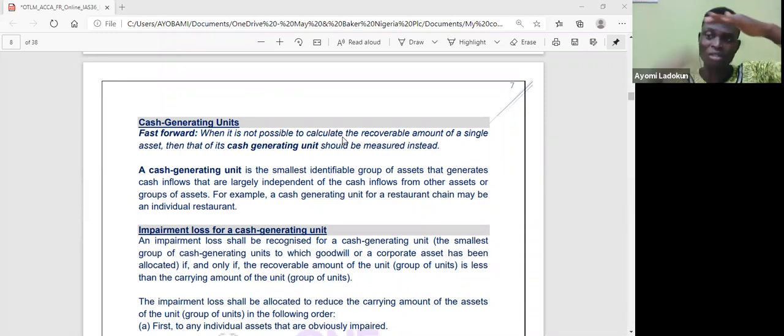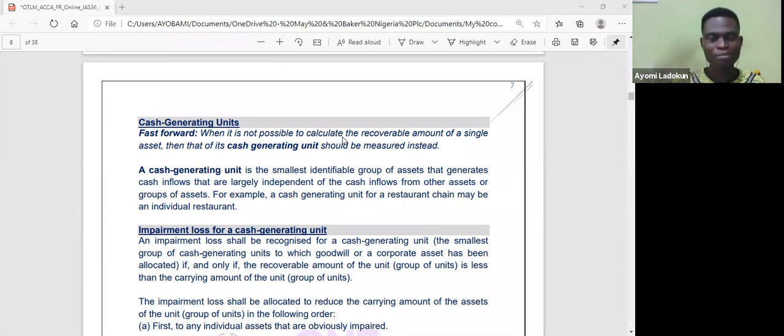Look at the carrying amount and my recoverable amount. Once the carrying amount is higher than the recoverable amount, the difference is my impairment loss. So how do I allocate it to the cash generating unit? According to IAS 36, there are 3 procedures you need to follow in order to allocate impairment loss to a cash generating unit.